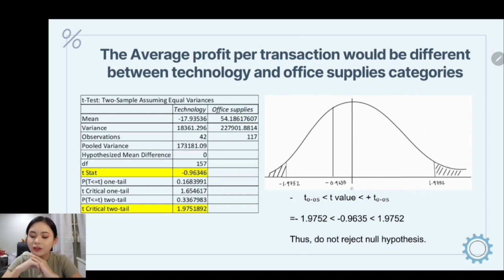You can see the curve. It shows that the t-stat is inside the curve, meaning it is not in the rejection zone. Based on my calculations, we do not reject the null hypothesis.